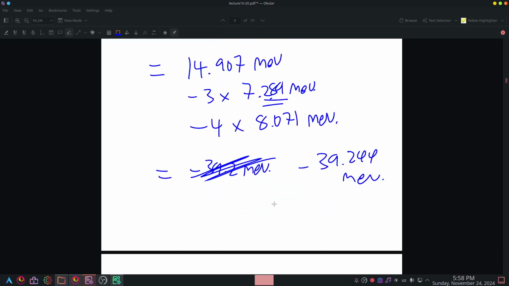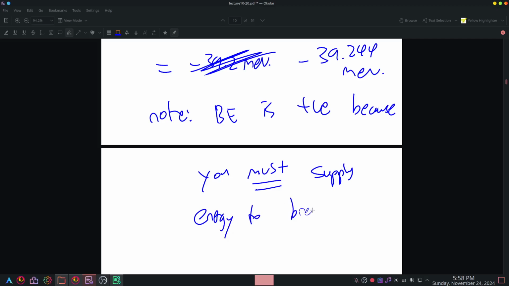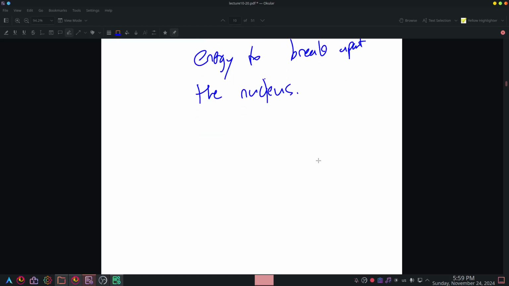Okay, so this is how you do it. Of course, note binding energy is positive because you must supply energy to break apart the nucleus.